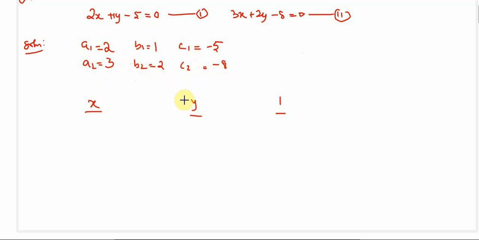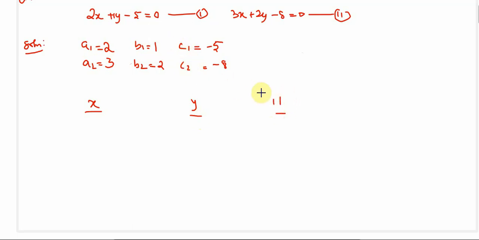Similarly, for y we have used b1 and b2, right? So you leave the coefficients of y, and write down the other coefficients and constant terms under y. Under the constant term, under the heading 1, we have used c1 and c2, right?